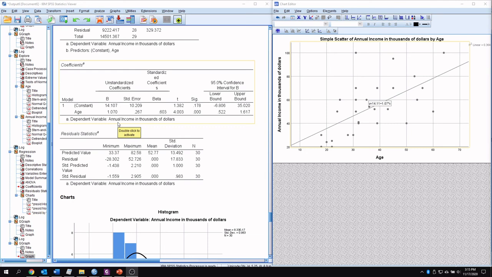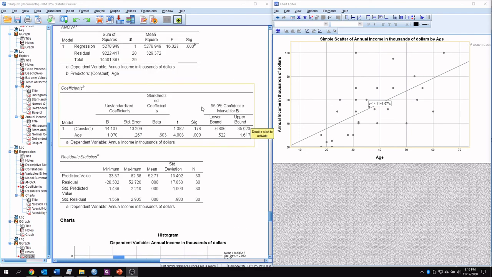And what that is telling us is that for every unit increase of age, and we have it represented by years, there's going to be an expected increase of $1,070 because our income is represented in thousands of dollars. And if we look over at our 95% confidence interval, we can tell that our true figure is somewhere between $500 and $1,600, roughly speaking.